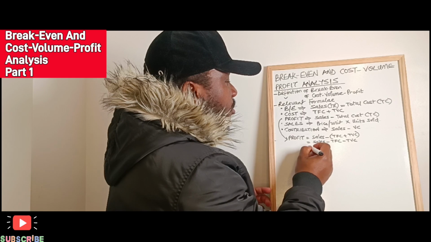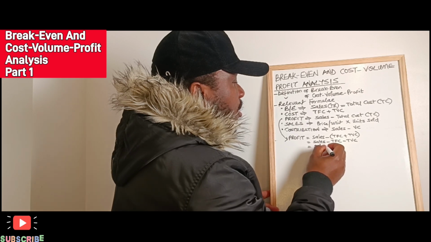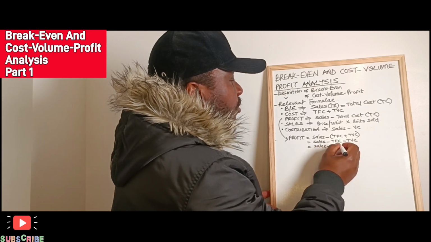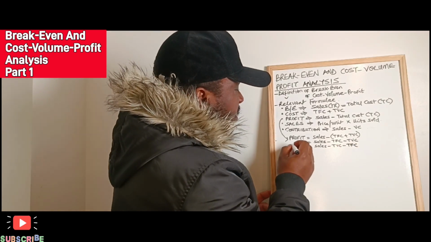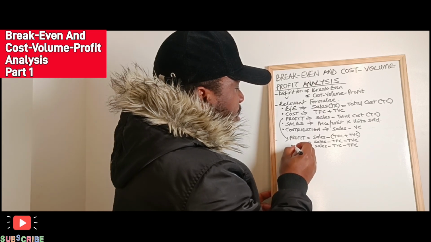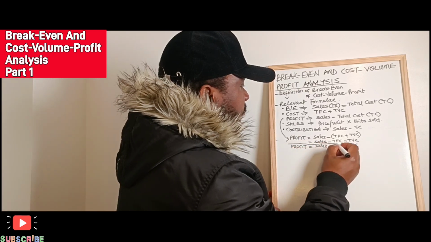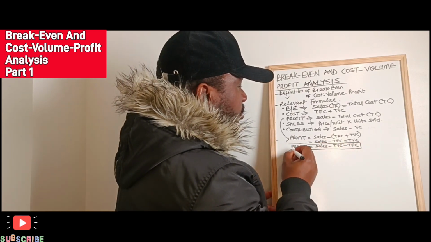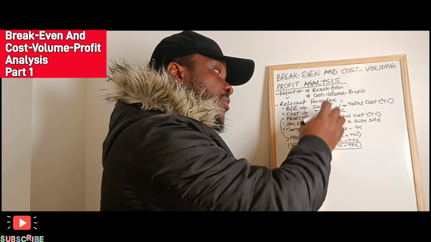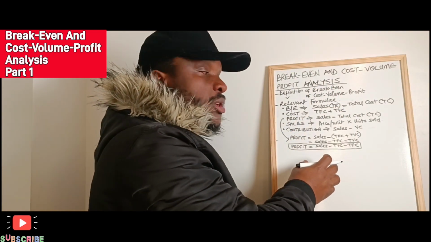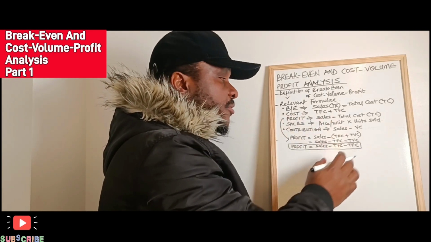If I rewrite this to make variable cost come before fixed cost: sales minus total variable cost minus total fixed cost. This is my second formula of profit. This is just the first formula rewritten to capture variable cost and fixed cost.